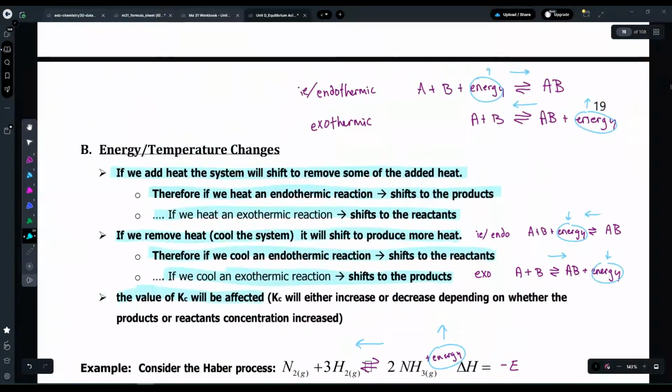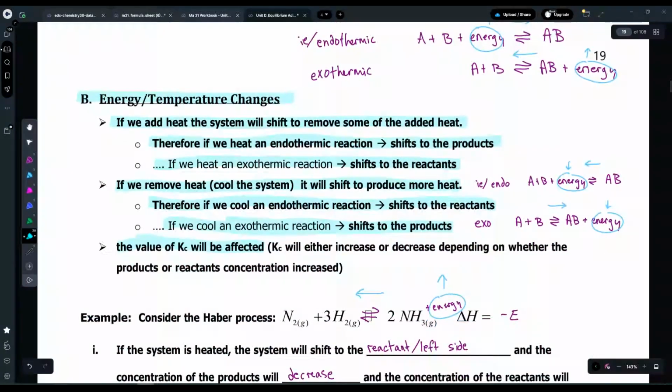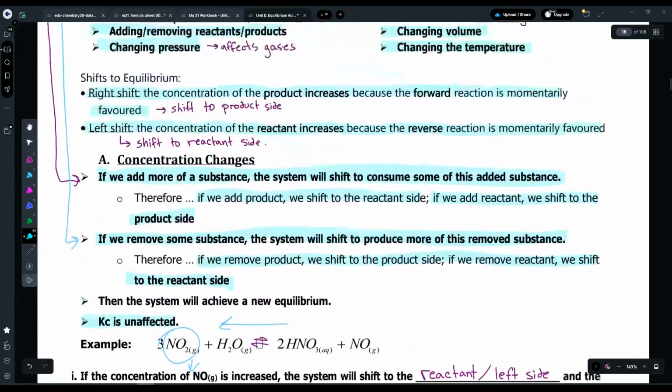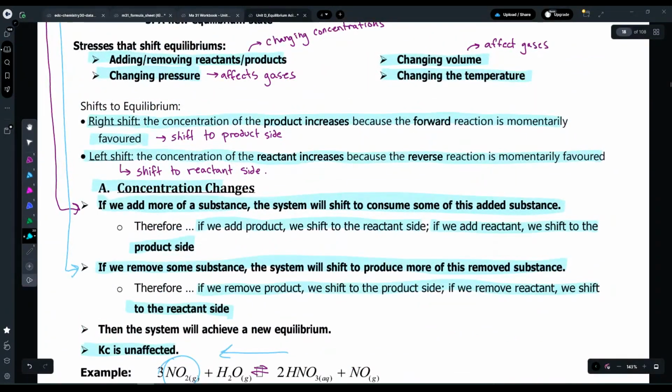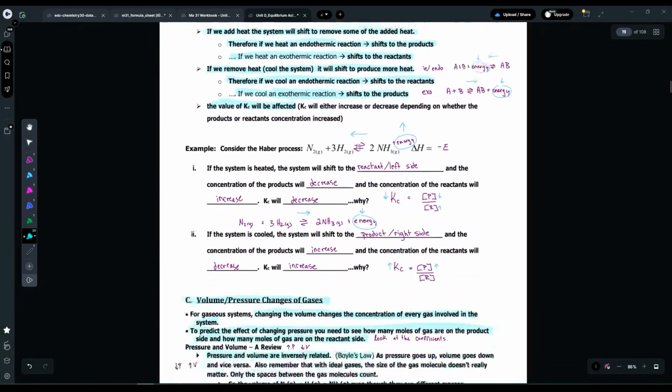We also went over energy and temperature changes. So this is the one that is going to affect the equilibrium constant. And we also went over concentration changes and how those cause equilibriums to shift.